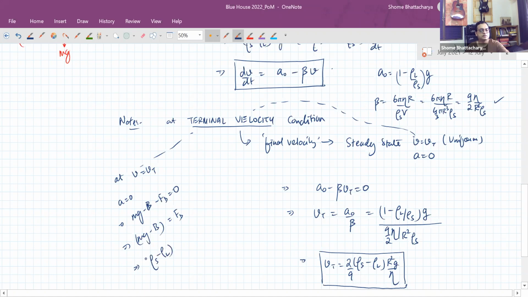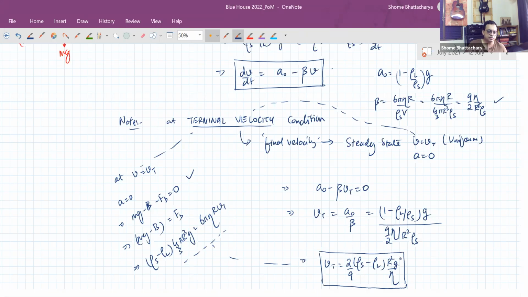Now this is very easy to derive very quickly. Just remember that when the velocity becomes terminal velocity, this condition is satisfied. Then it's very easy to understand the formula. Especially at JEE Mains level, you will get questions which are just application of the formula, and you should not struggle to recall the formula.